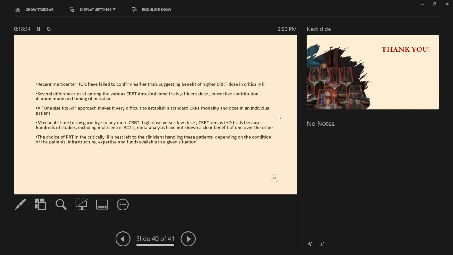Maybe it's time to say goodbye to any more CRRT high dose versus low dose, CRRT versus IHD trials, because hundreds of studies including multi-center RCTs and meta-analyses have not shown any clear benefit of one over the other. And the choice of RRT in critically ill is best left to the clinicians handling these patients, depending on the condition of the patients, infrastructure, expertise, and funds available.